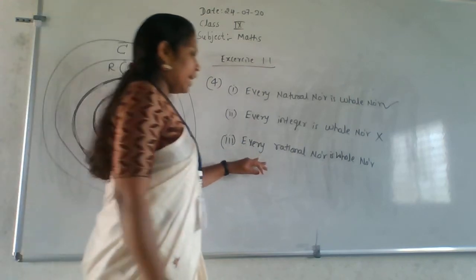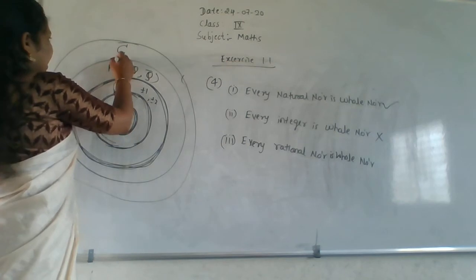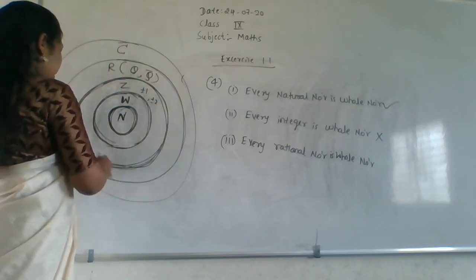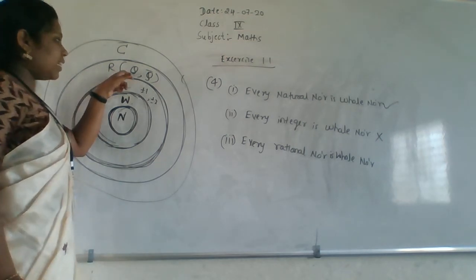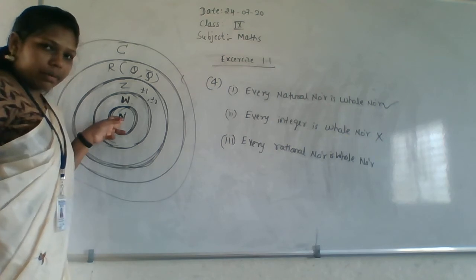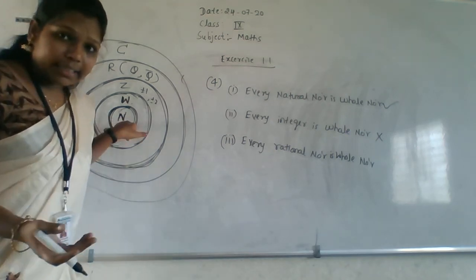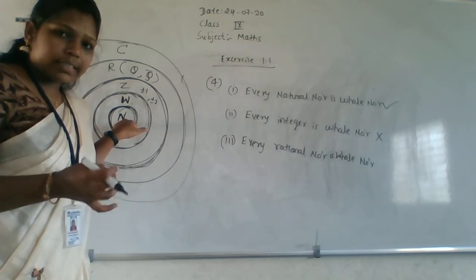Next one is: every rational number is a whole number. See here, in the real numbers we have rational as well as irrational numbers. In the rational numbers, all the integers, whole numbers and natural numbers are there.